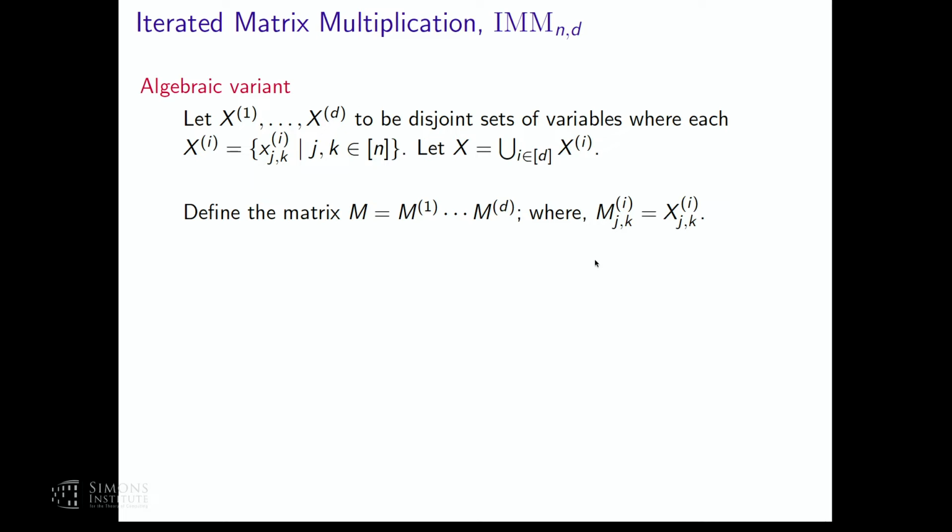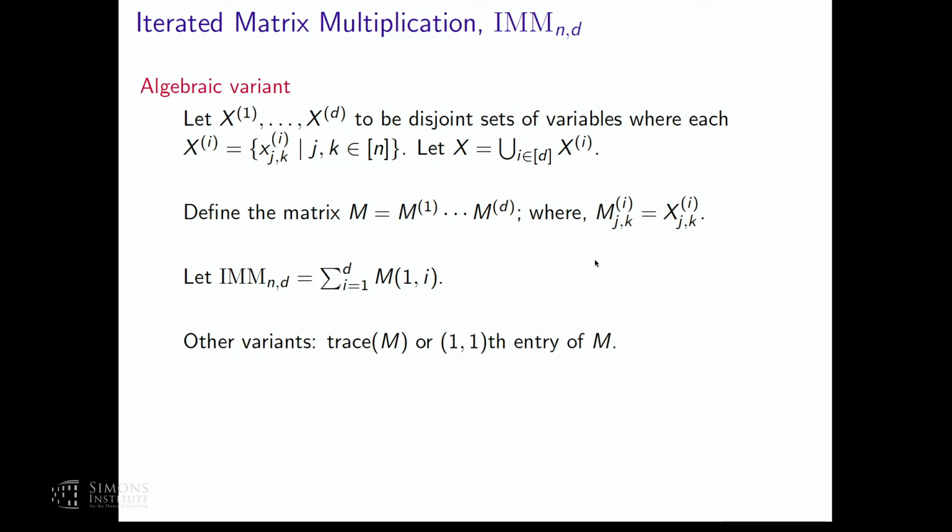And now you are interested in, say for instance, computing the sum of the first row of the resultant matrix. I'm defining iterated matrix multiplication so because we will use it in this form, but you could have done any other thing like trace or the (1,1)th entry, whatever you like. As I said, many other variants could be studied.